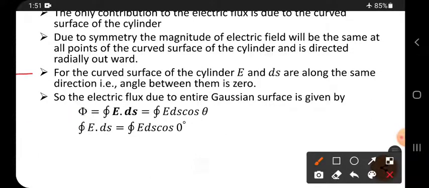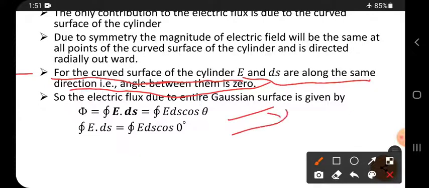For the curved surface of the cylinder, E and ds are along the same direction, that is, the angle between them is 0. Same direction means they are parallel, so their angle must be 0 degrees.